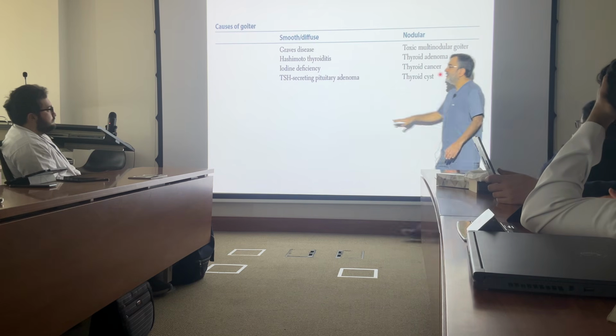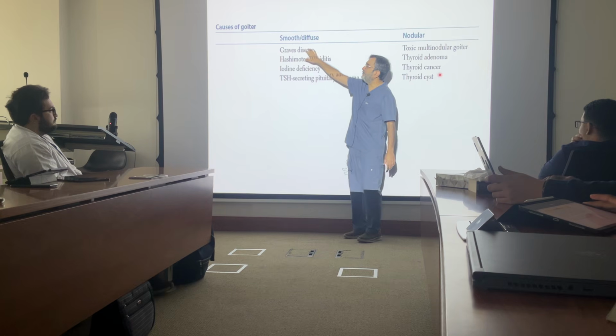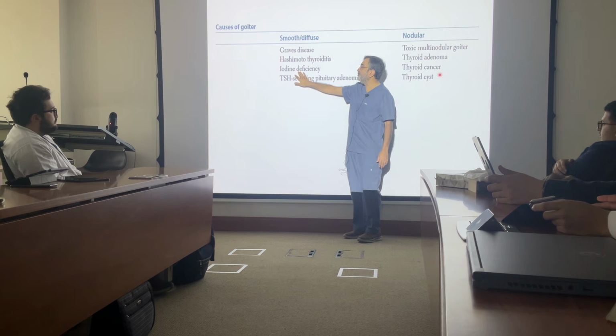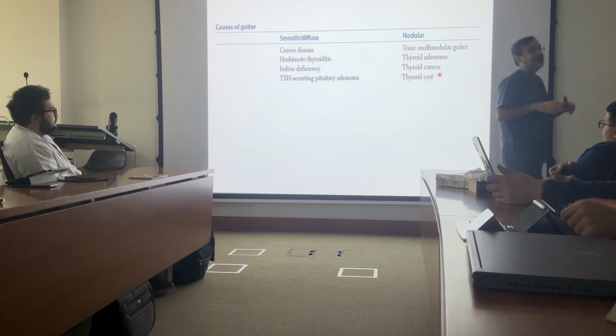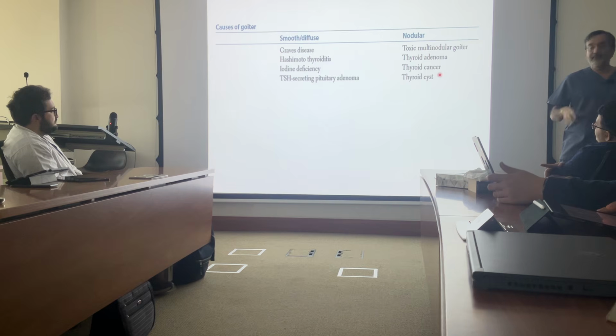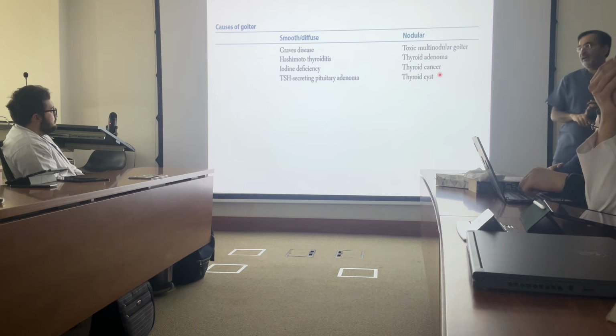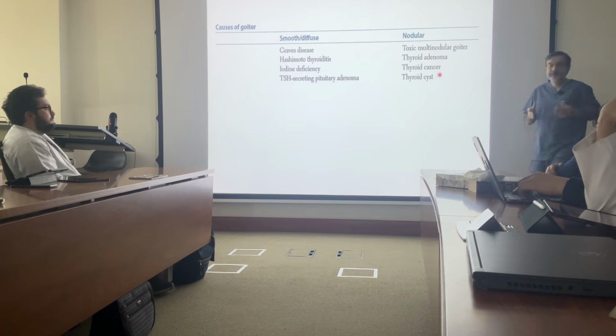In this case, there would be hyperthyroidism, as in Graves' disease. In the other two cases, there would be hypothyroidism. So it does not mean that if you have a large thyroid gland, there would be hypothyroidism. It can be hyper, it can be hypo, depending upon what is causing the enlargement of the thyroid gland.